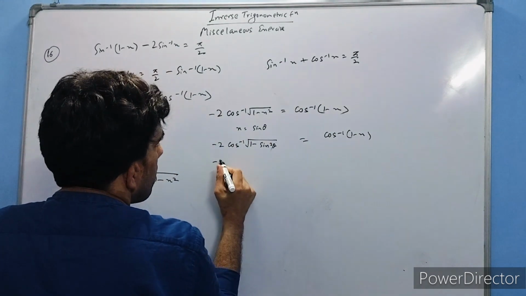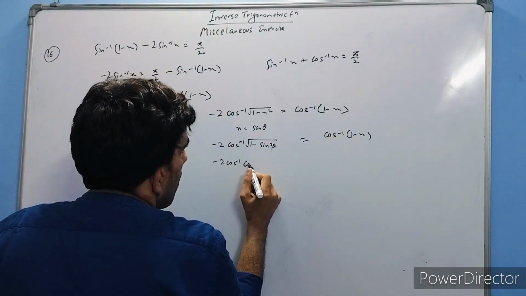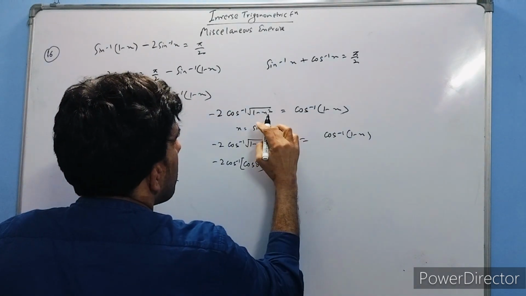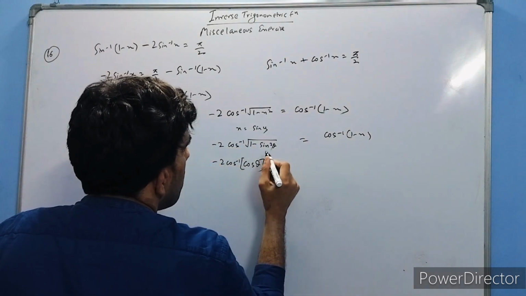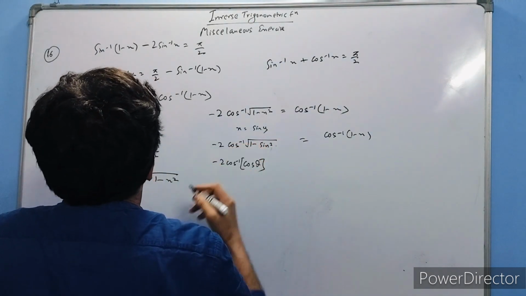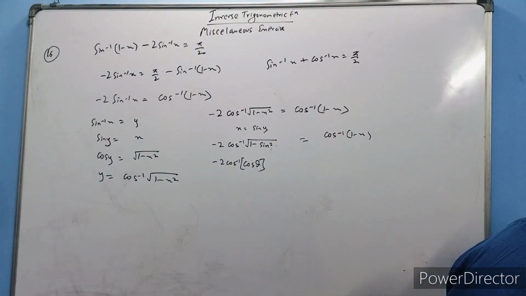Now we have minus 2 cos inverse, it will be cos theta, or I can say sin y if I take this, so it will be easier for us. They have given the question, the 16th question we are doing.